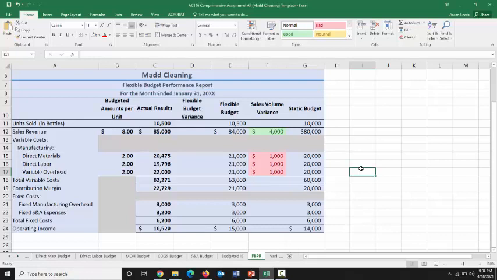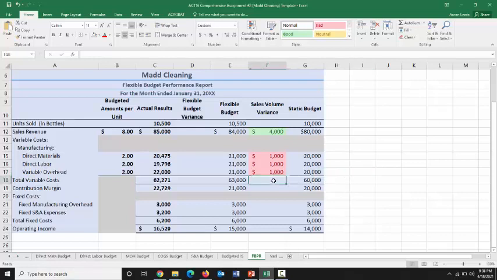You're going to have to pay more to make more units that you eventually sell. And since we sold more bottles than we had planned for, we have had to incur more manufacturing costs to do so. So $1,000 of the increase that we paid in direct materials, direct labor, and variable overhead, respectively, can be attributed to the fact that we just had to make more units, which means we had to incur more costs.